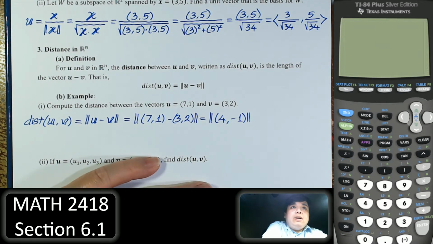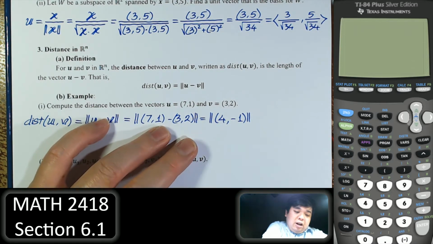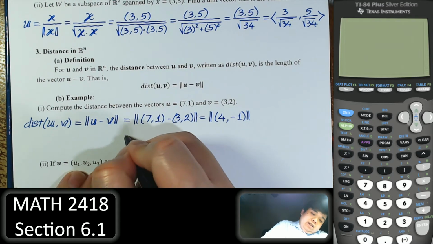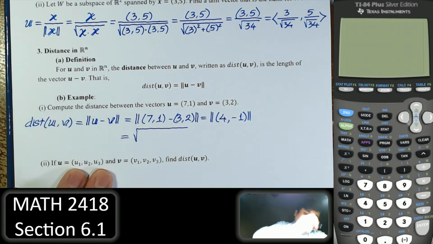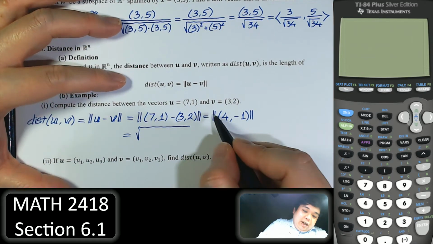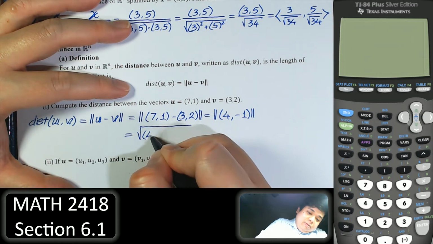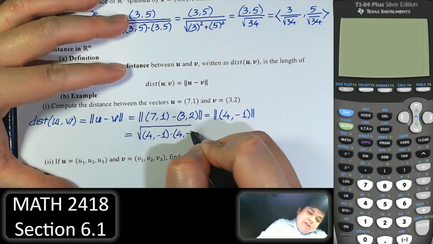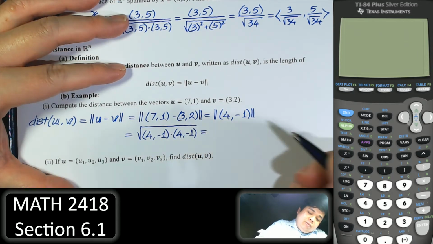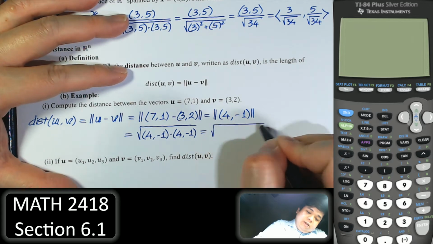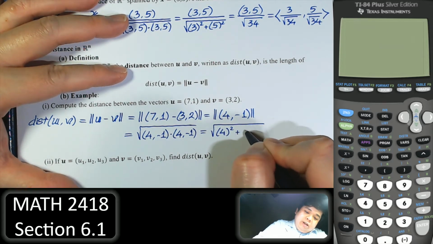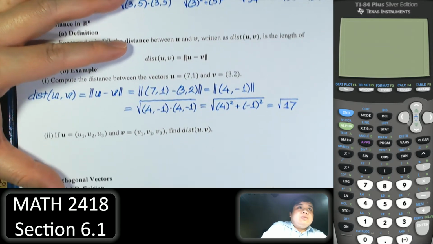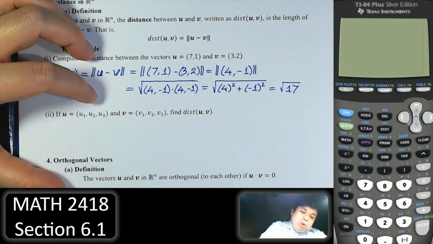Just subtract the vectors, and then the magnitude or the length is the square root of the dot product by itself. Four squared plus (-1) squared, that's the square root of 17. Right, now we find the distance between u and v.